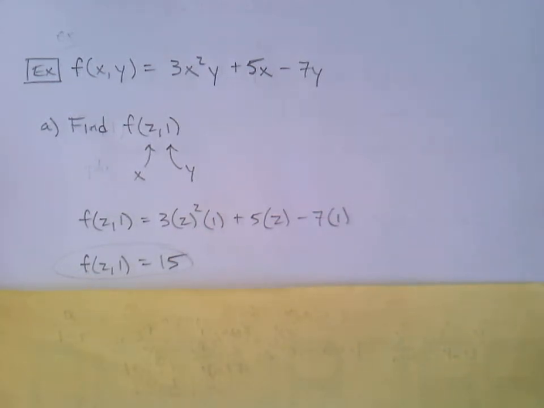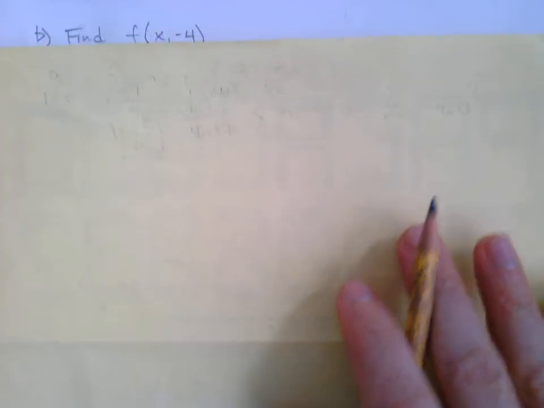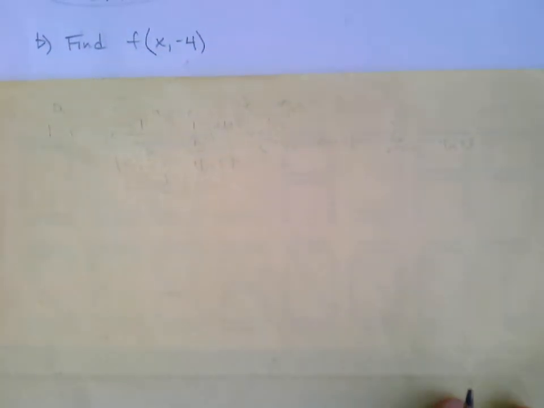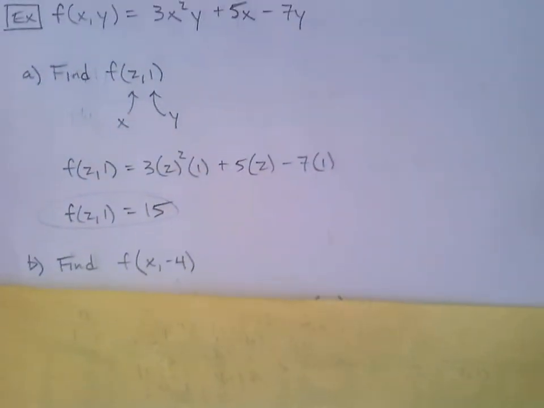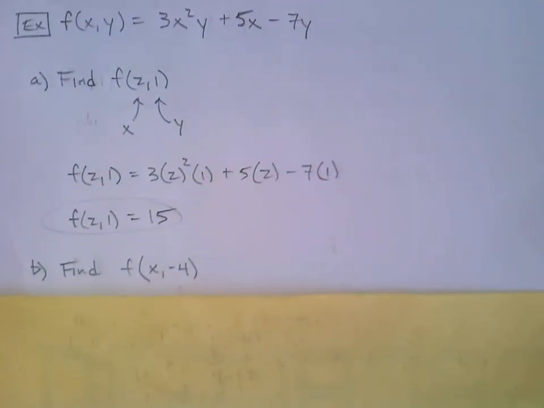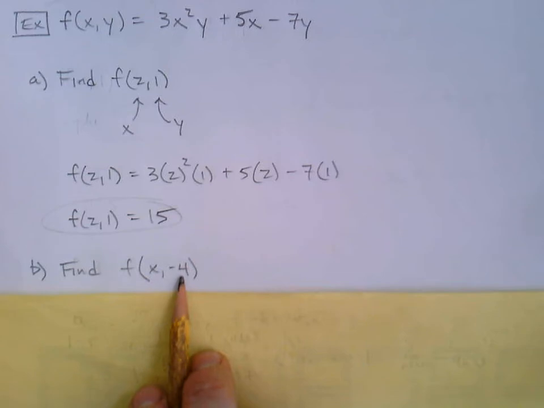So you'll see a lot of these questions where you're just plugging numbers in. You're just getting familiar with these. What else might we see? Well, we can mix it up a little bit. Same function. Find f of x comma negative 4. Okay, well, what does that mean? We're going to keep x as just the variable x, so that's not going to change. The y is going to become negative 4.